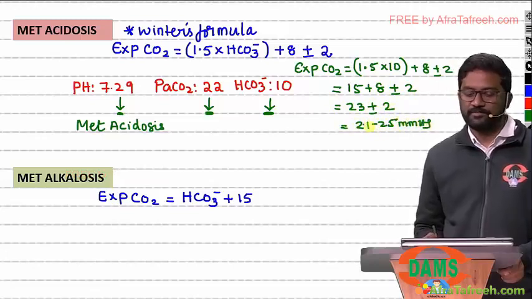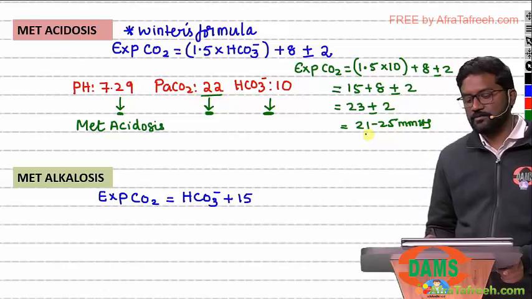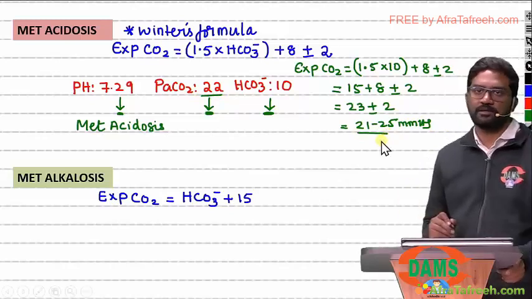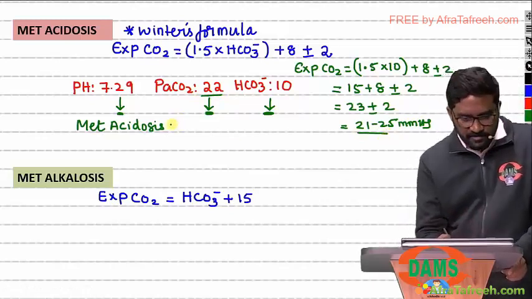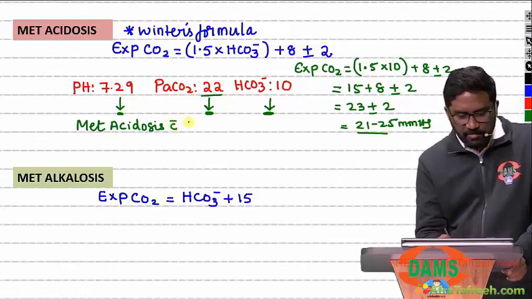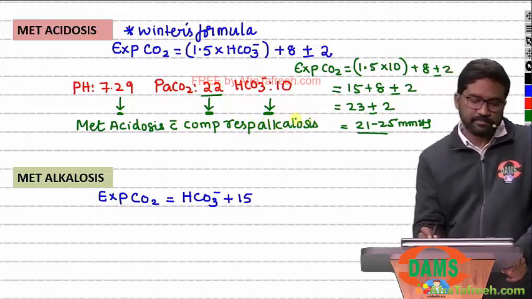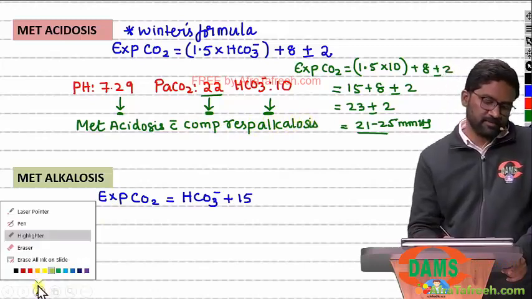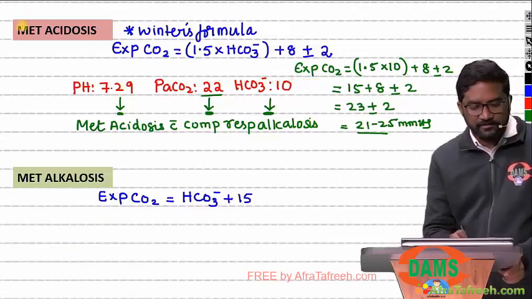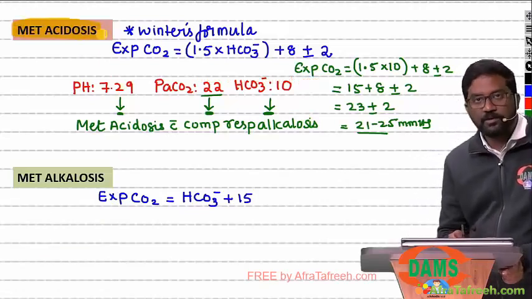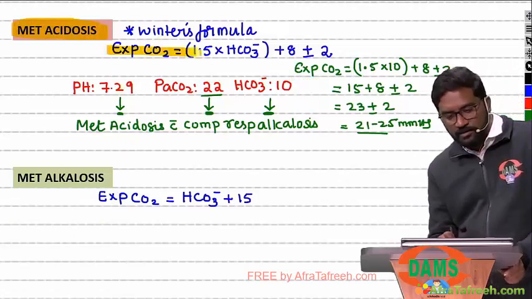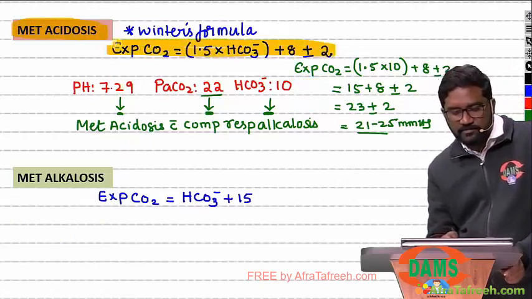How much is the given CO2? 22. Expected, it is correlating. So it is adequate compensation. So the full name: metabolic acidosis with compensatory respiratory alkalosis.